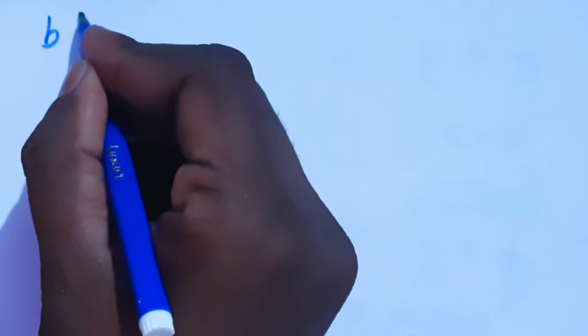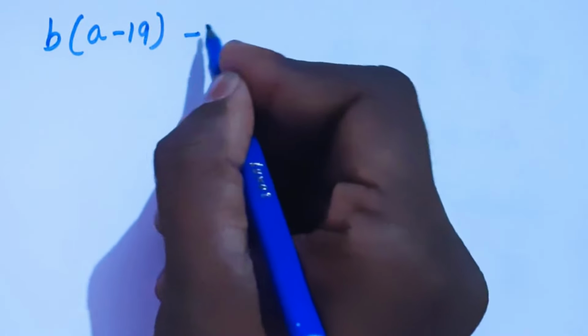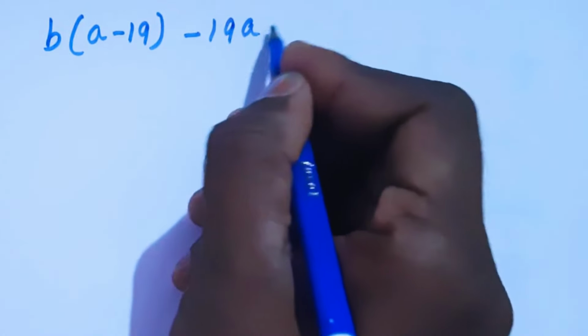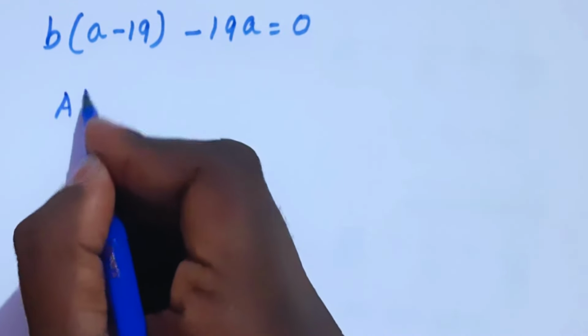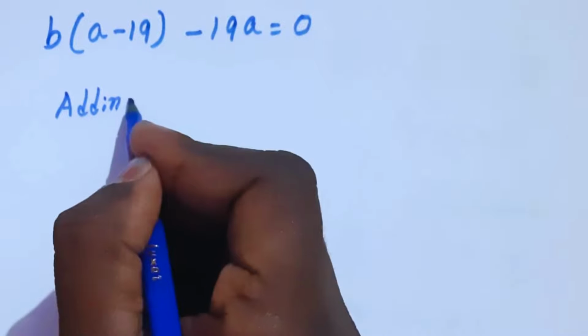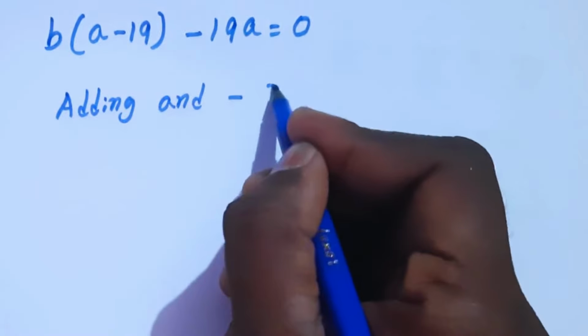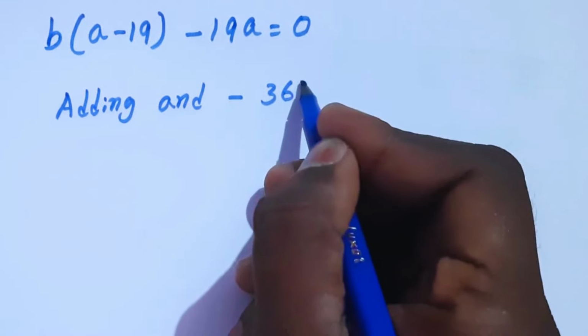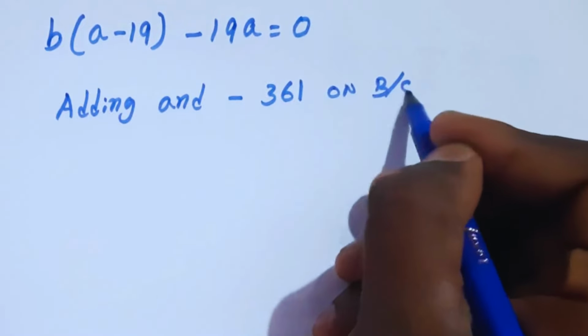Now B times A minus 19 minus 19A equal to 0. Now adding and subtracting 361 on both sides.